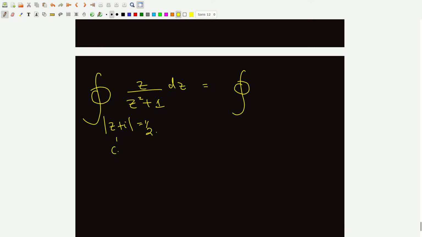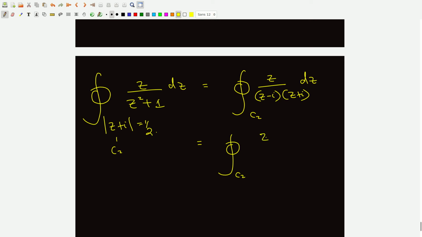Let us just write down the short form, that is z over z minus I, z plus I dz. So we have this integral over C2.